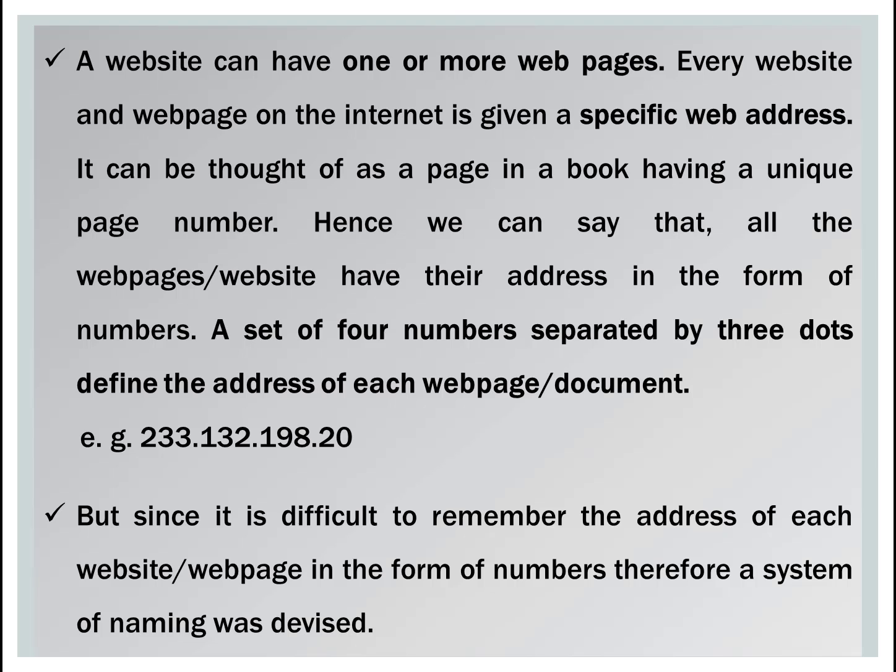A set of 4 numbers separated by 3 dots defines the address of each web page or document. For example, 233.132.198.20. But since it is difficult to remember the address of each website or web page in the form of numbers, therefore a system of naming was devised.